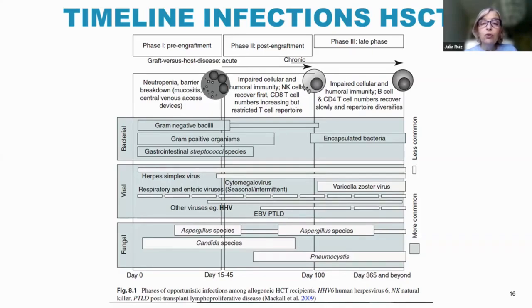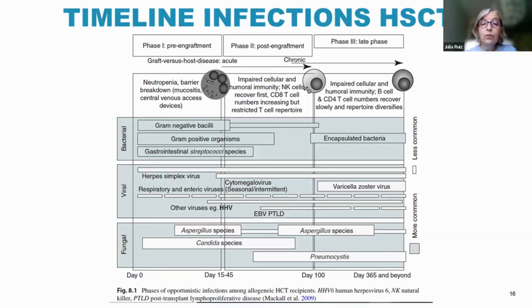In the second phase, the post-engraftment, the first to recover are going to be the NK cells. These are cells that are going to rapidly detect a virus, so they are going to be very active against viruses and tumor cells, which they will kill. And we do have the T cells, that also are active against virus, and the antibodies from the B lymphocytes, which are still going to be increasing, but slowly.